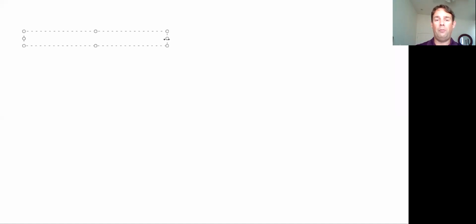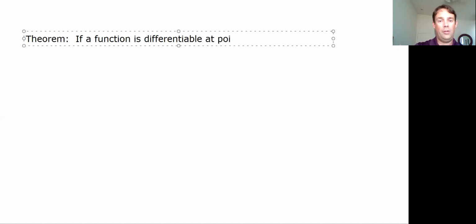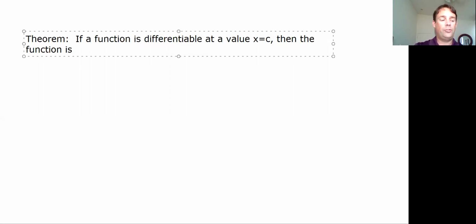All right, so here you go. This brings us to kind of a big theorem. The theorem says this: if a function is differentiable, that means you can take the derivative, differentiable at a point, at a value, that's what we should say, x equals c, then the function is continuous at x equals c.